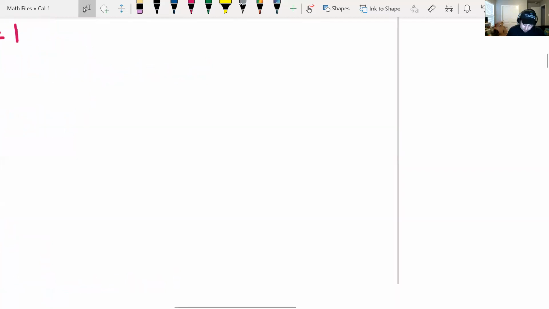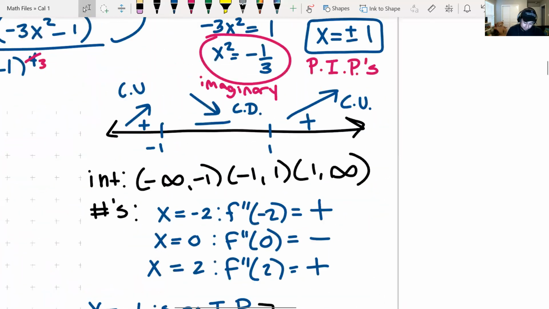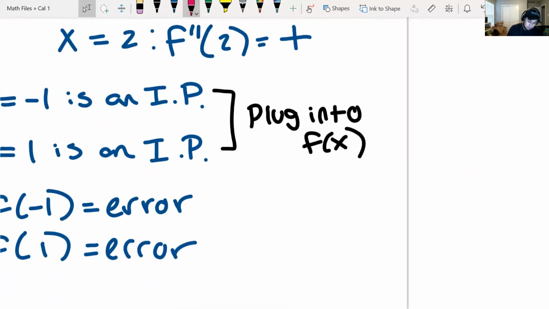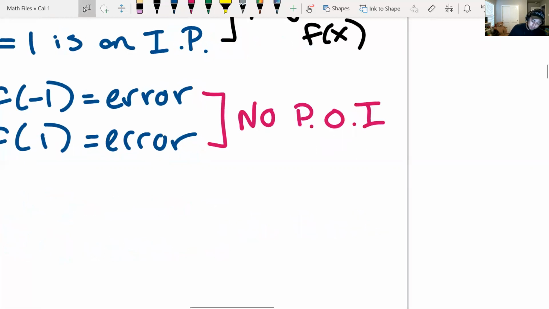All of that, huh? Let's hope that doesn't happen on the problem I give you. So this means no points of inflection. And that's because they are vertical asymptotes.